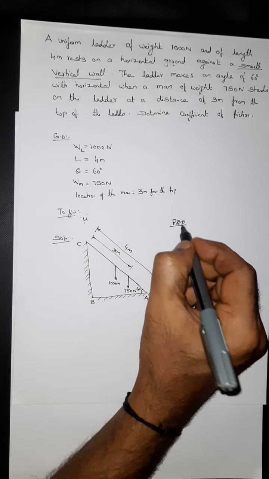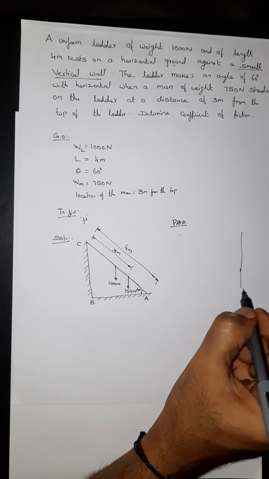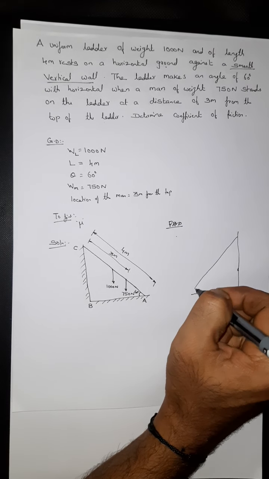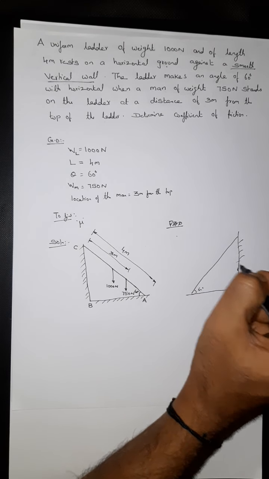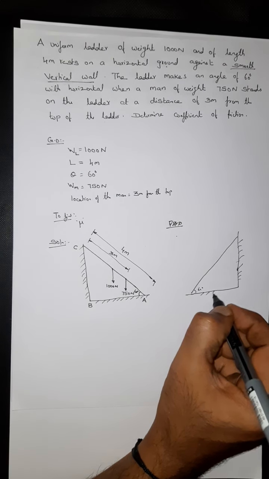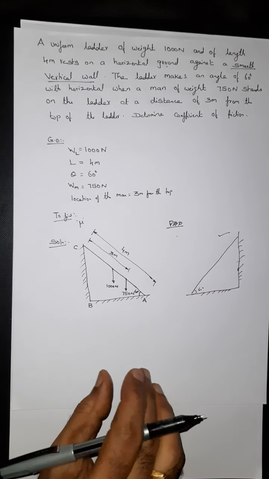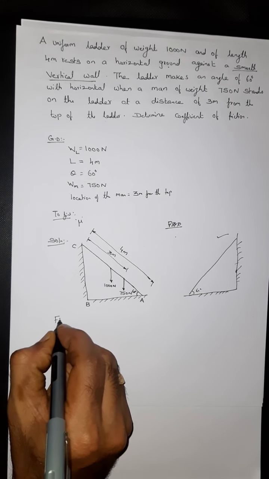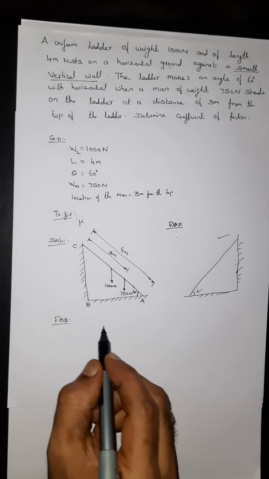Since the drawing has not been given, you can draw in this fashion also. 60 degree, not a problem. So this is also correct, this is also correct. I am going to follow this method. So FBD, free body diagram I am going to draw.